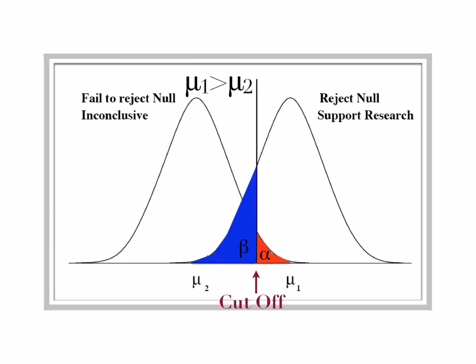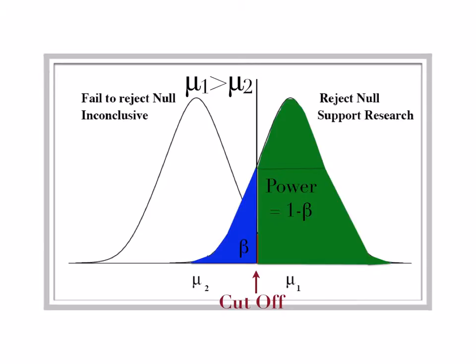By setting alpha, we set beta on the distribution of means, where our research hypothesis is true. And remember, power is everything outside of beta on that distribution. So by setting that cutoff of alpha, beta and power are determined.